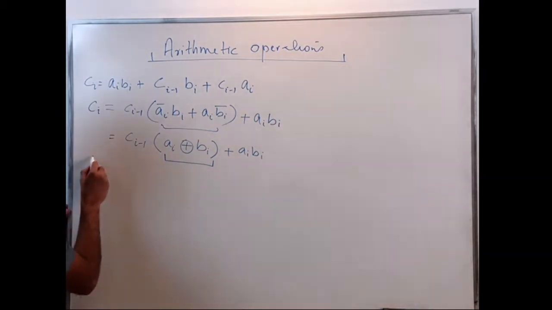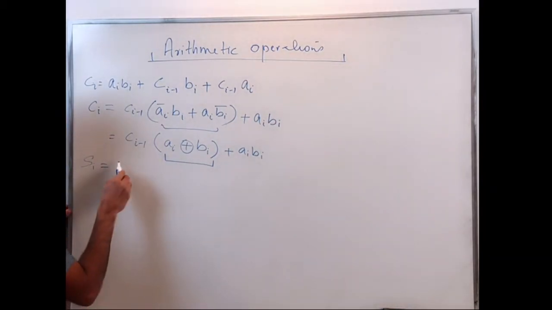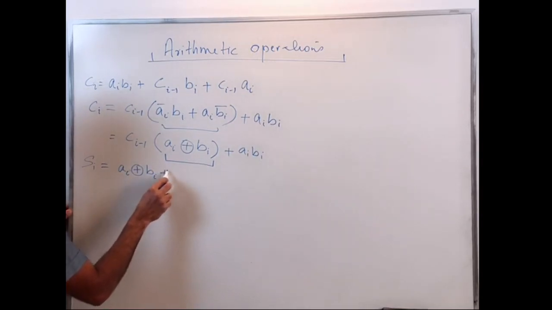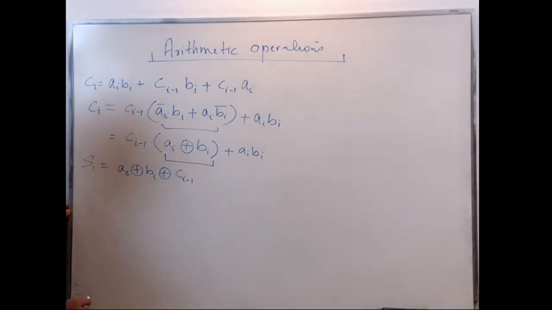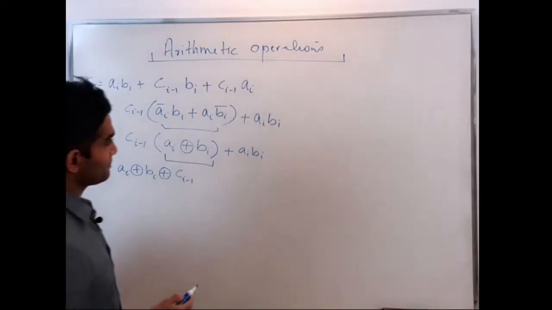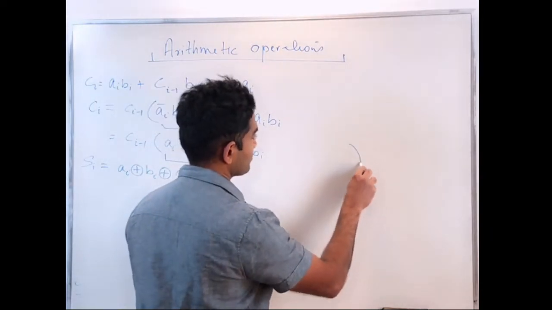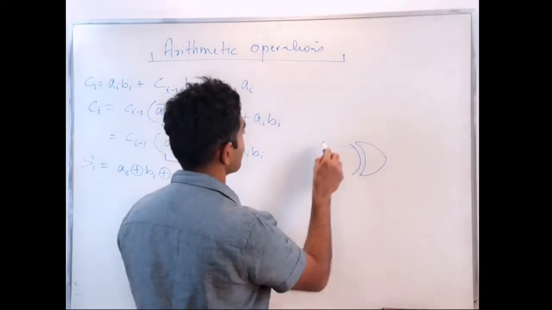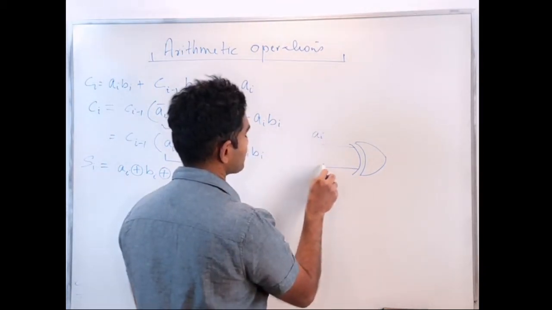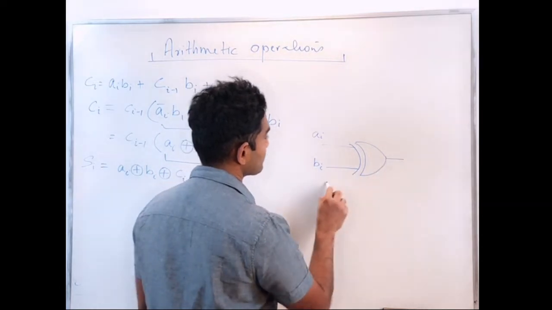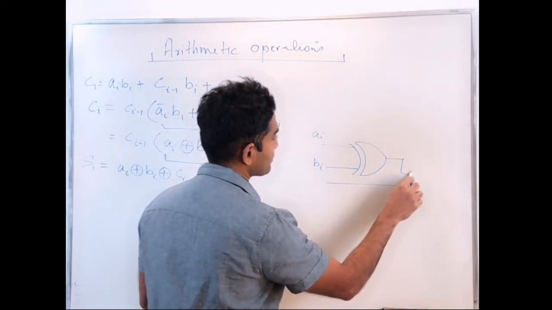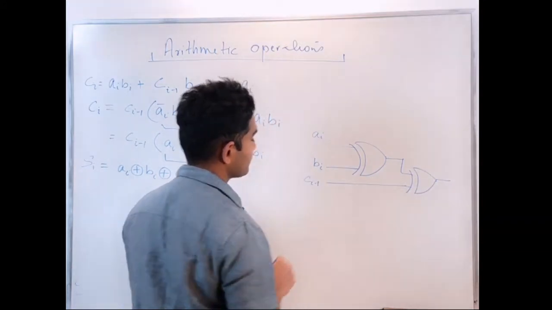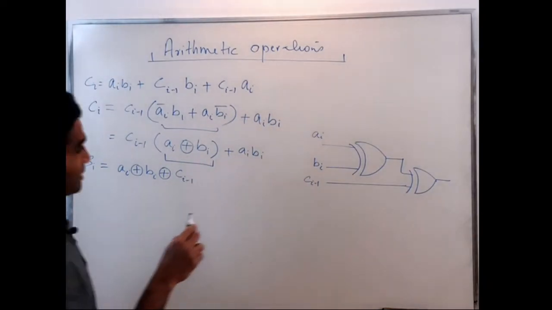All right. So, of course, my Si was implemented as Ai exclusive-OR Bi exclusive-OR Ci. What is my Si? Si was Ai exclusive-OR Bi exclusive-OR Ci, and that's my Si.